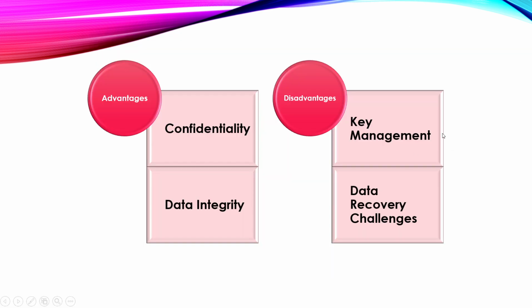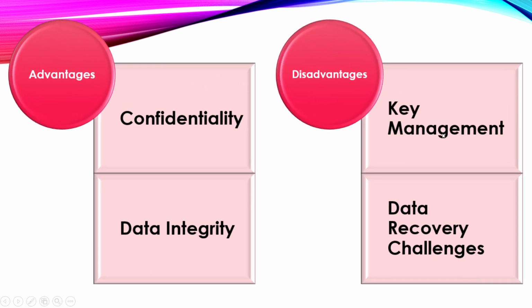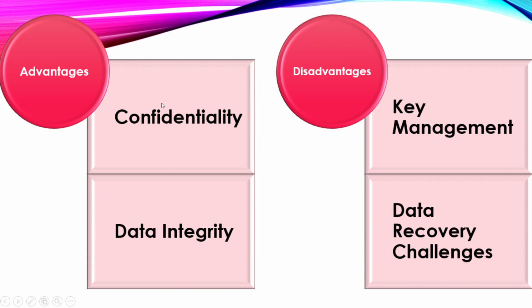Advantages and disadvantages. Here, too, I added only two, but there are so many advantages and disadvantages of ciphertext. The first advantage of ciphertext is confidentiality, which protects data from unauthorized access.